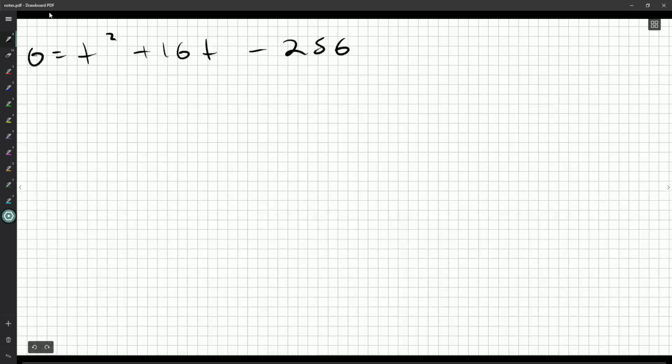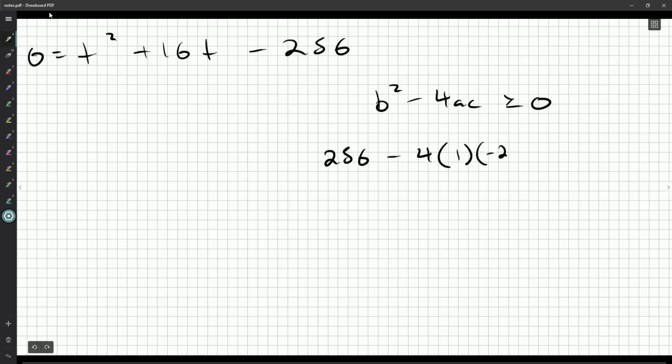Let's do the quadratic formula. So we know we have roots if b squared minus 4ac is greater than or equal to 0. So b squared, in this case 256, minus 4 times 1 times negative 256. So that's 5 times 256, and that is greater than or equal to 0. Okay, so I do have roots.